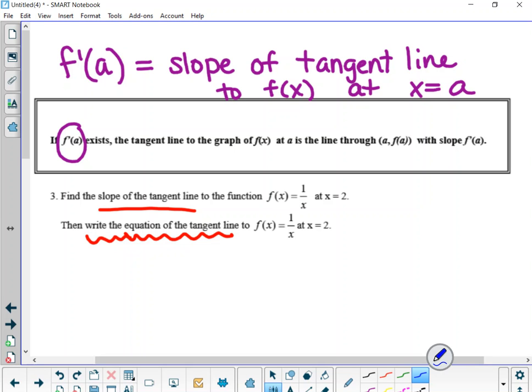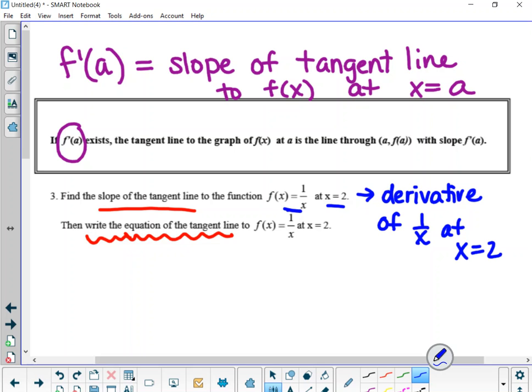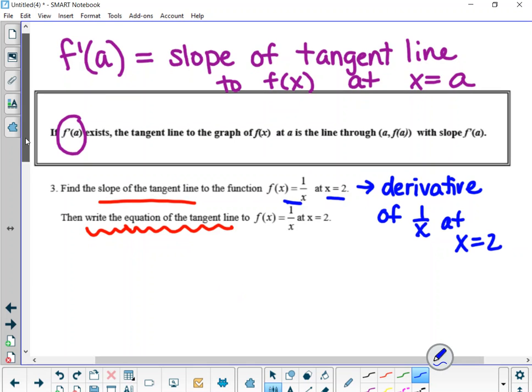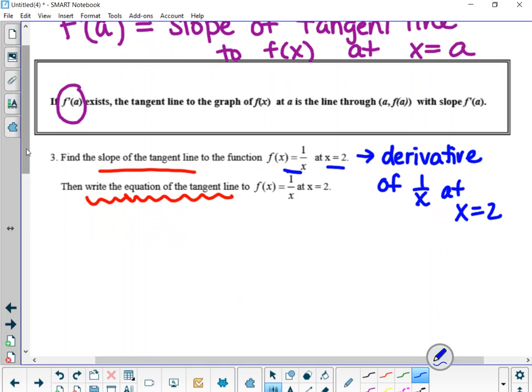So let's do one. Find the slope of the tangent line to this function at x equals 2. So what does that mean? That means I need the derivative of 1 over x at x equals 2. Which definition do you want to use to find my derivative? You want to use the first one or the second one? Second one? Okay.